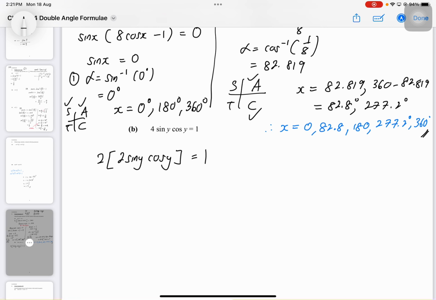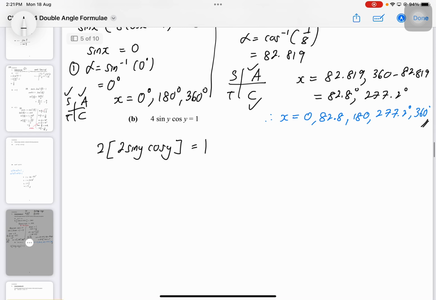And in the square bracket, you realize it's 2 sine y cos y. Your square bracket is your formula number 1. 2 sine 2y is 1. And I can solve it. Sine 2y is half.